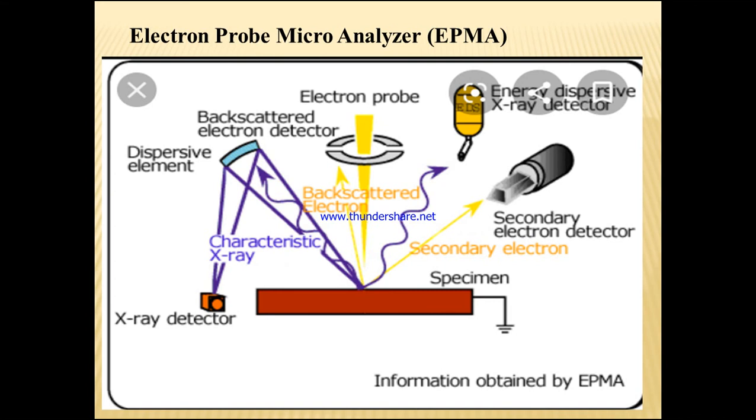So lighter elements cannot be analyzed; we should have a heavier material so that it can be analyzed. Microprobe analysis also cannot distinguish between the different valence states of iron. So these are the disadvantages of this electron probe microanalyzer.